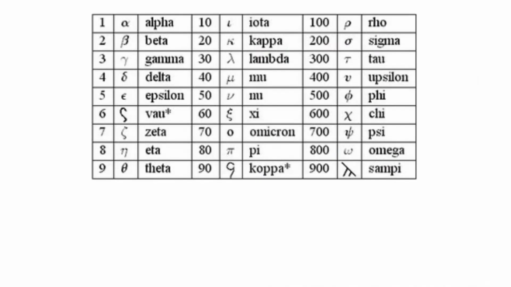Here you have the Greek alphabet, though some of these letters are not used any longer. Most of these you should know, have seen at some point. Those with the asterisk are no longer in use. So the koppa and the digamma are no longer in use in the Greek language, though actually I don't think Sampi is used anymore either.